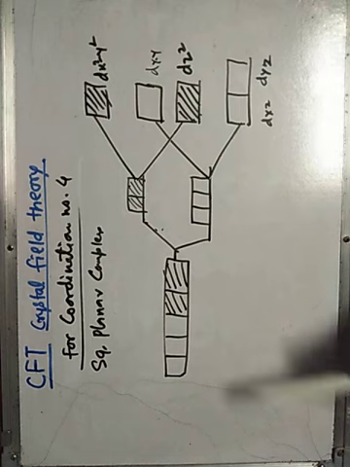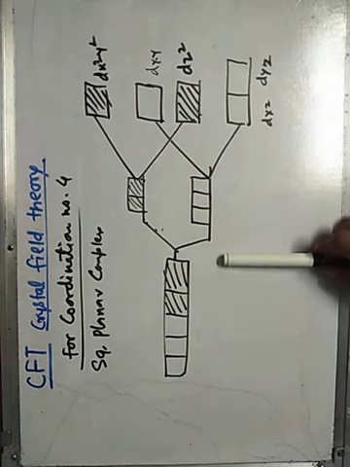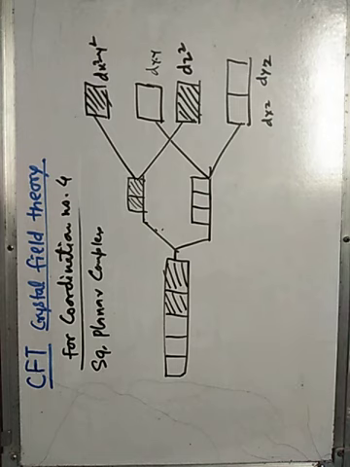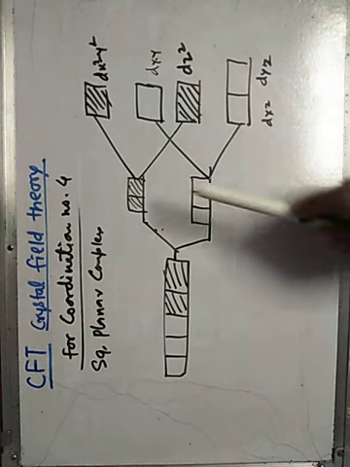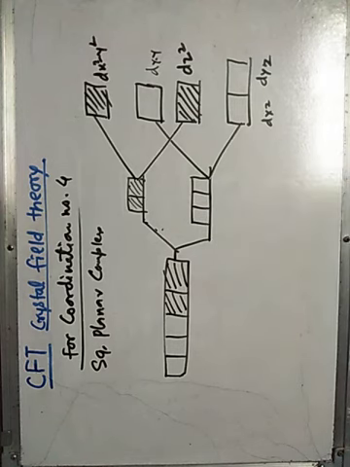So these are the d orbitals of the central metal ion, and these orbitals split into two energy levels, that is the T2G and EG, right? 3 boxes go down and 2 boxes go upward, right?